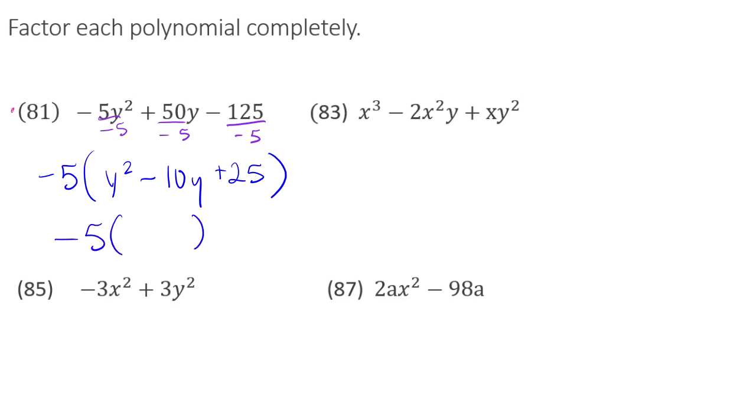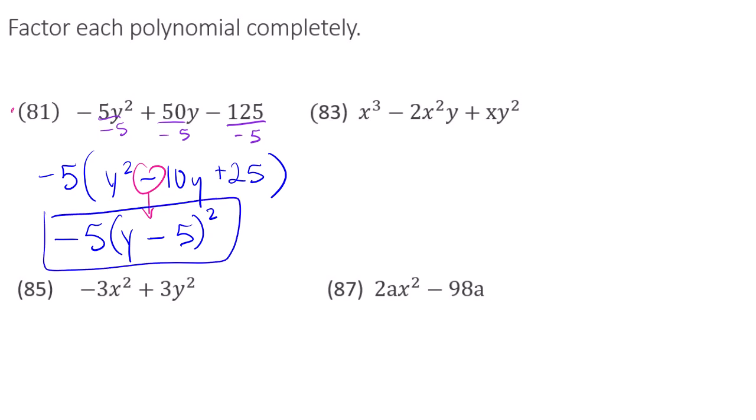So now I can turn it into something like that, right? So I take the square root of y squared, which is y. Square root of 25 is 5. And then remember that the sign of the middle term is always the sign that comes down and is in the middle of your binomial down there. Okay. All right, so that's our final answer.